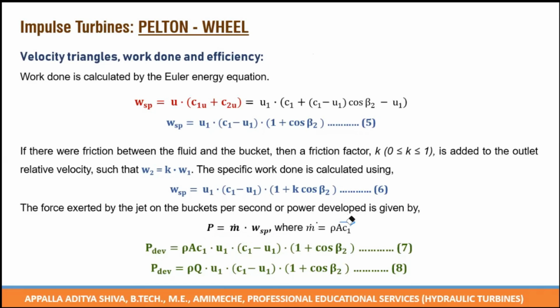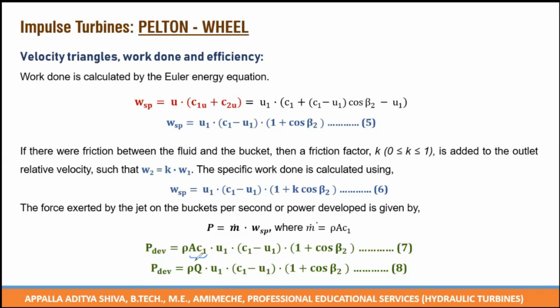Then we have power developed is equal to rho A C1 into U1 and so on. Now A C1 represents the discharge. A into C1 represents the discharge, that is the amount of fluid that is flowing per second across the turbine.